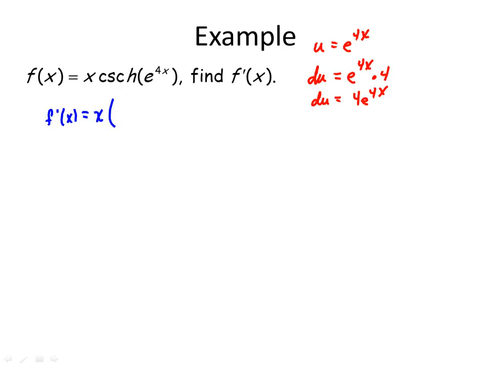Okay. So you have first times the derivative of the second. The derivative of hyperbolic cosecant e to the 4x. What do you think? It's on your formulas page. All you got to do is write it down. So the derivative of hyperbolic cosecant e to the 4x is going to be negative hyperbolic cosecant u times hyperbolic cotangent u times the derivative of u, which we said was 4e to the 4x.